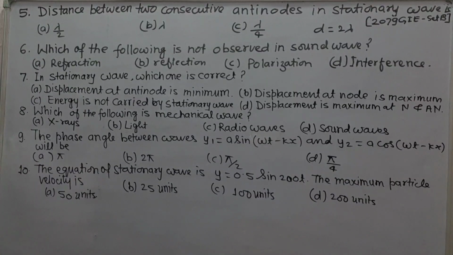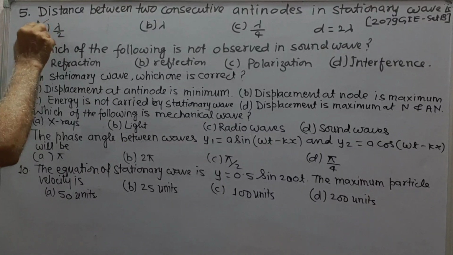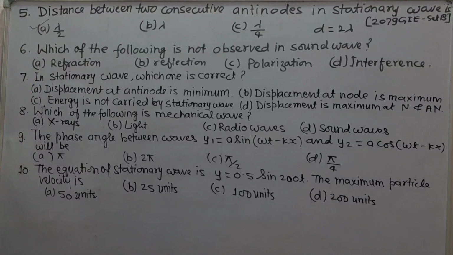Next, question number 5. The question is, distance between two consecutive antinodes in a stationary wave is. As we have discussed in the last question, the distance between two consecutive nodes or between two consecutive antinodes is lambda by 2. So the correct option will be A. Next, question number 6.